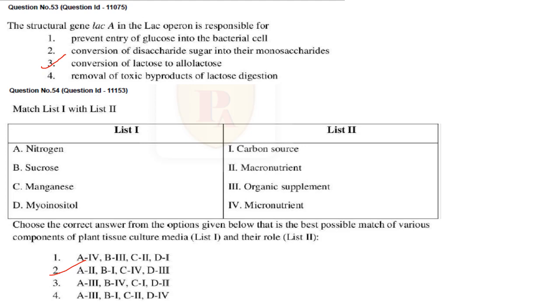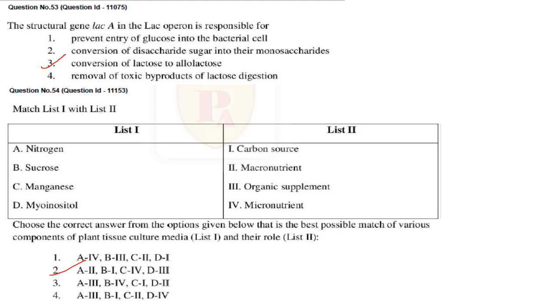Then next one. Choose the correct answer from the options given below, that is the best possible match of various components of plant tissue culture media and their role. So list 1 is the components of plant tissue culture media and 2 is the role of each.